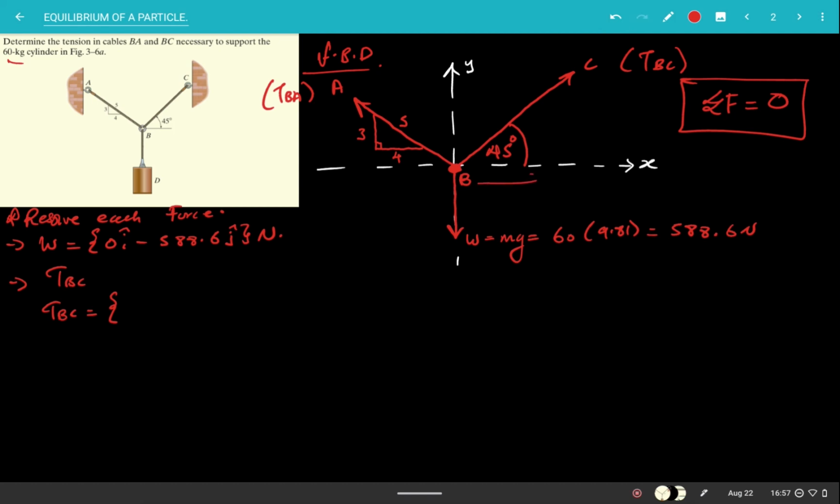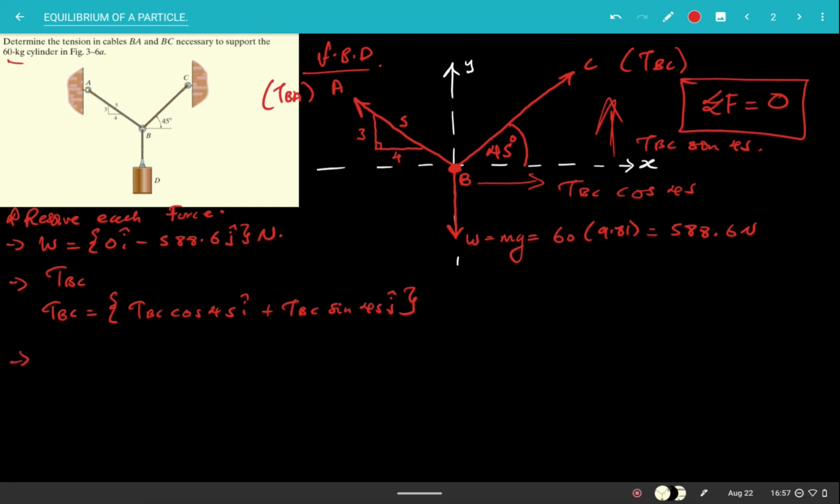I'll move TBC cos 45, then I'll go upwards, and this will be TBC sin 45. So my vector will be TBC cos 45 in the i plus TBC sin 45 in the j. And that is our resolved form.